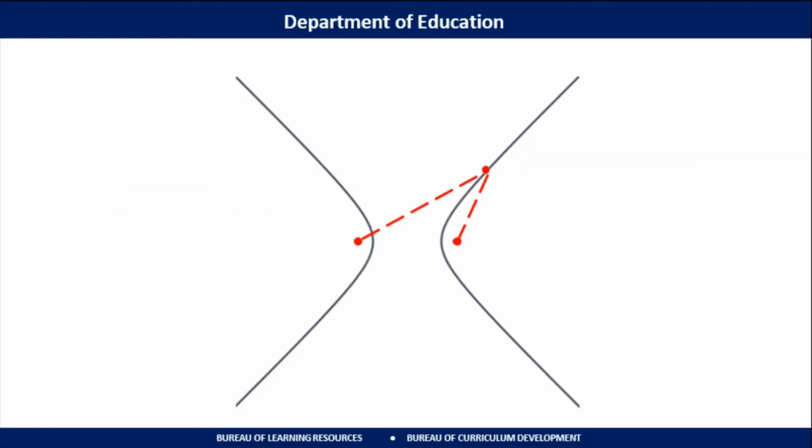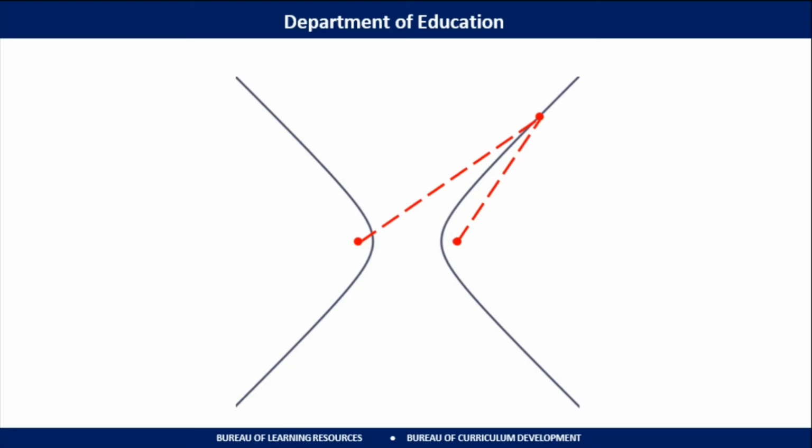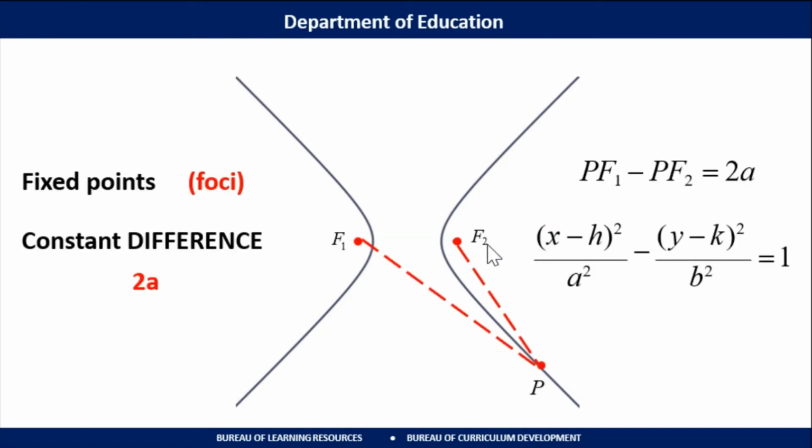So, ano naman yung difference na yun? So, imagine natin, ayan, gumagalaw yung point natin. So, pag sinubtract daw natin to class, at saka ito, constant yung difference na makukuha natin. So, ayan, minus natin dito. Constant yung makukuha natin na difference.